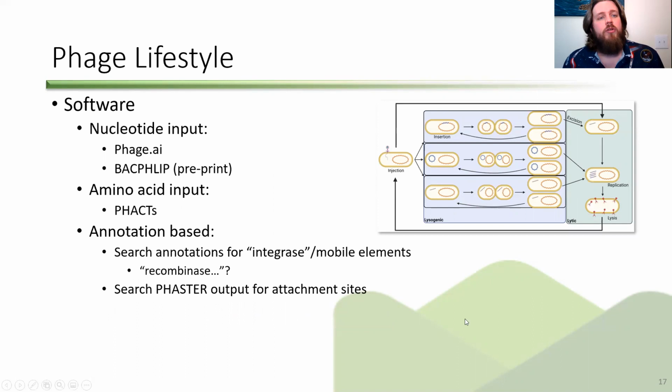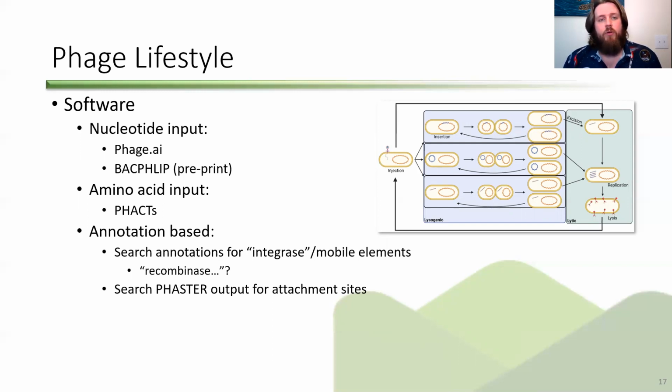Now, lastly, one thing you would want to look at is phage lifestyle. This is also done in the lab, doing mitomycin C inductions to look for temperate or lysogenic phages. But there are a handful of software to try to predict this de novo. The ones that use nucleotide inputs are Phage AI, Phage Artificial Intelligence.